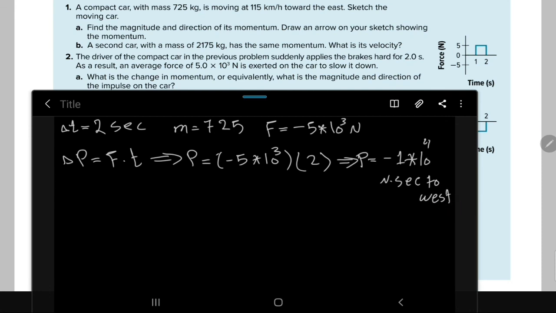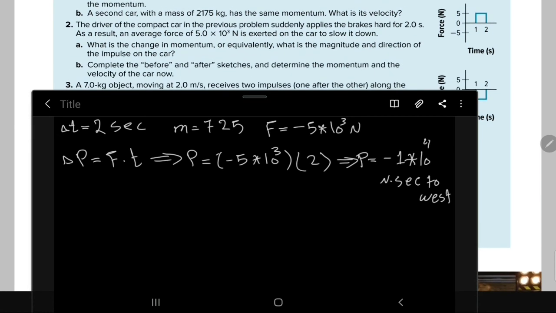The direction here is to the west because we have the negative sign. This is question number 2, and for the second part, which is B, we will skip it for this lesson. So thank you for watching and see you soon.